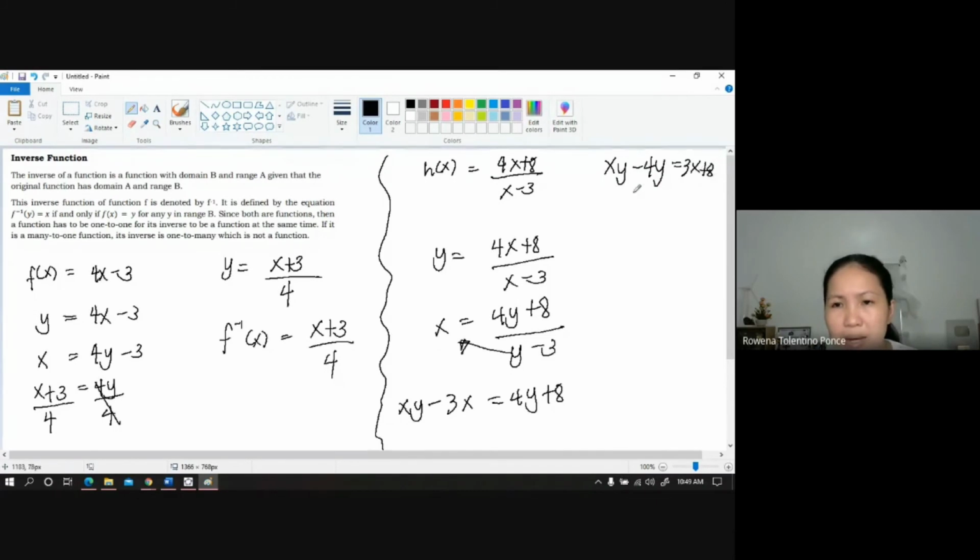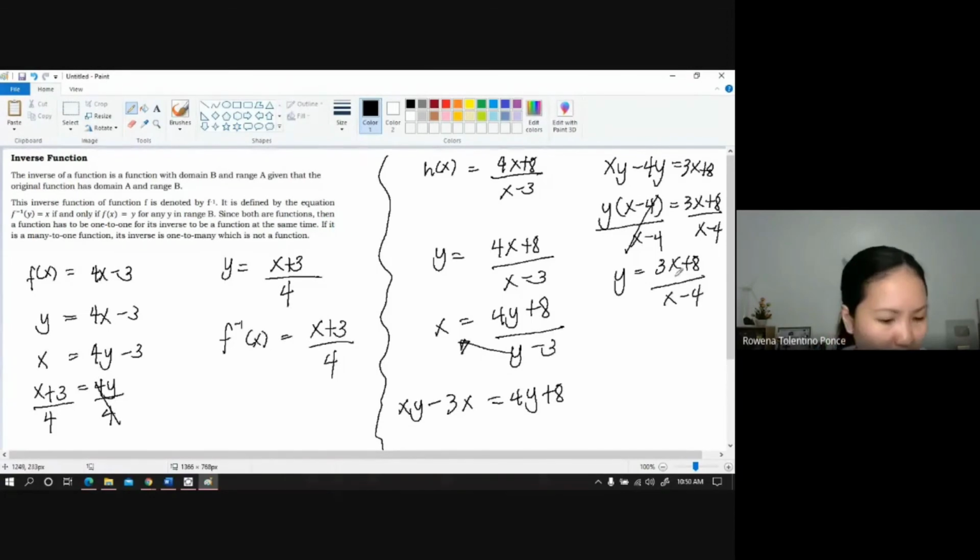Lahat ng makakasama ng y na walang y, i-transfer niyo sa kabila. And then we have y times x minus 4 is equal to 3x plus 8, if you factor out the y. Then divide both sides by x minus 4. So y is equal to 3x plus 8 over x minus 4.